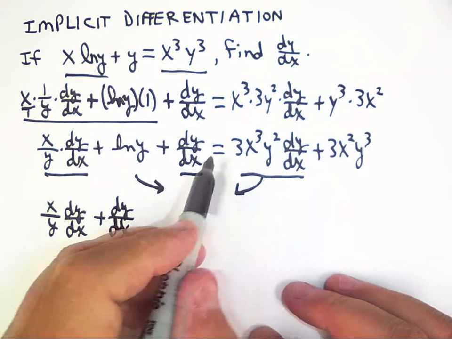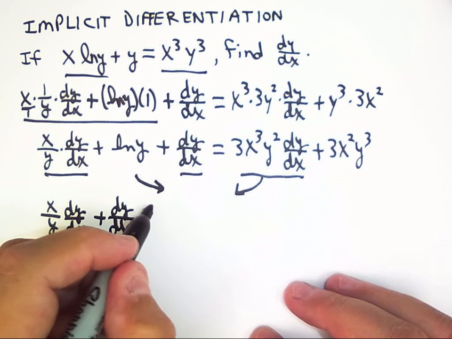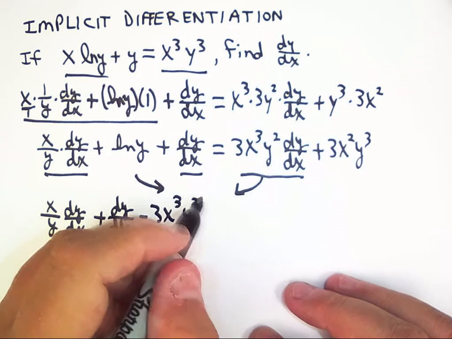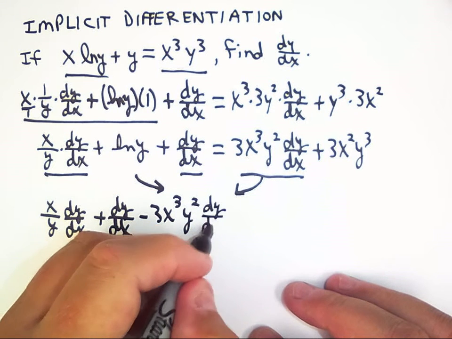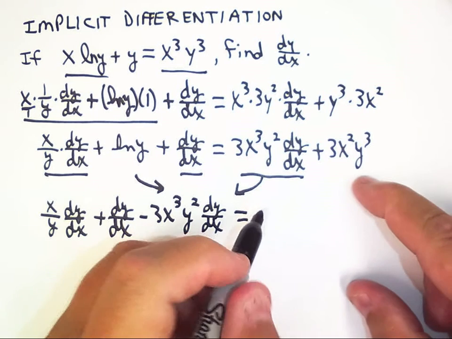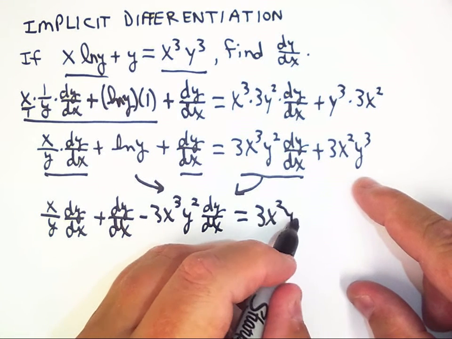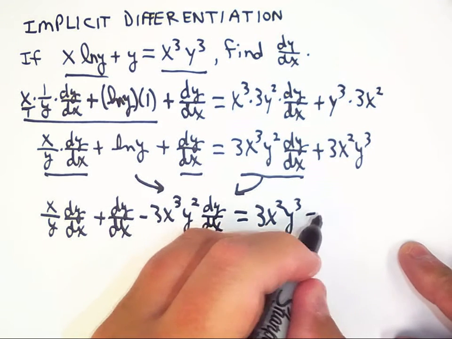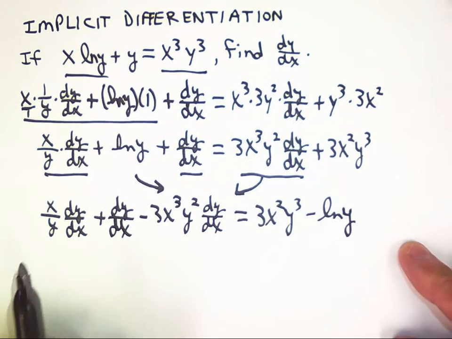And then this is going to move and become negative, so you get minus 3x cubed y squared times dy over dx equals the 3x squared y cubed stays where it is. The natural log of y moves over and becomes minus natural log of y.